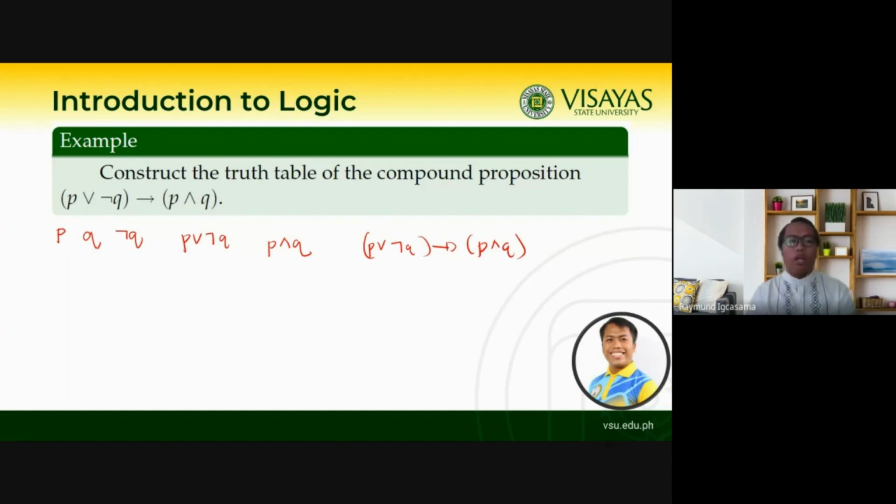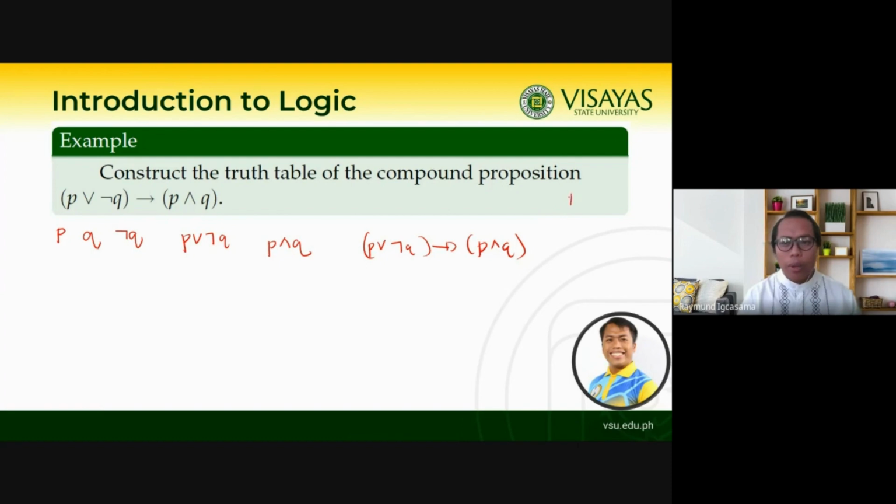Mao na imo table. Kung unsa ang mga individual nga propositions diha, mao ra pud na imo gamiton diriha. Okay? If you have only two variables, four lang ka linya, no? Four lang ka lines ang ato himuon ana or four ka combinations.